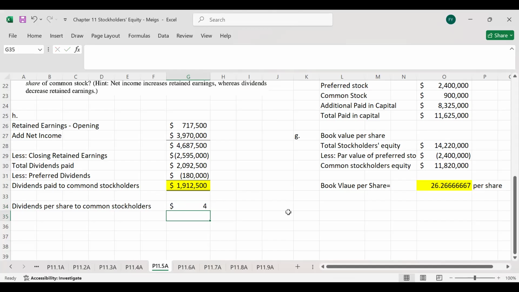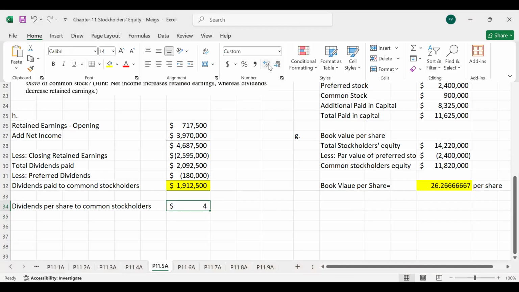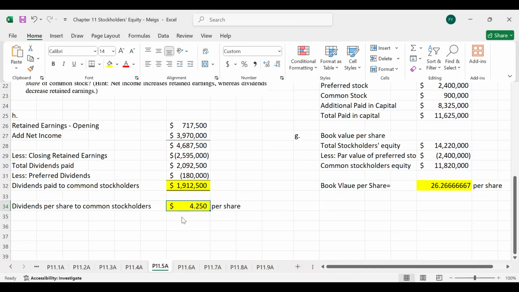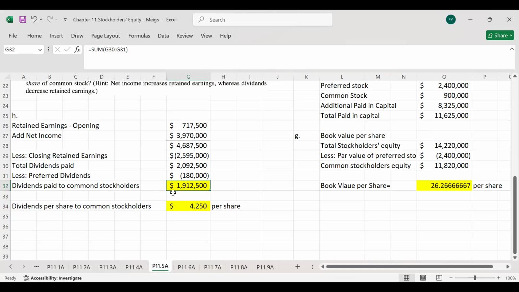So this is $4.25 per share. The dividend is issued at the rate of $4.25 per share to the common stockholder, and the total amount of dividend issued to the common stockholder is $1.9125 million. So that's it.